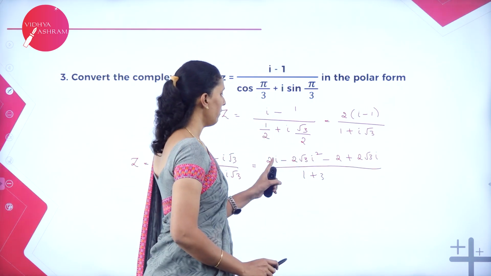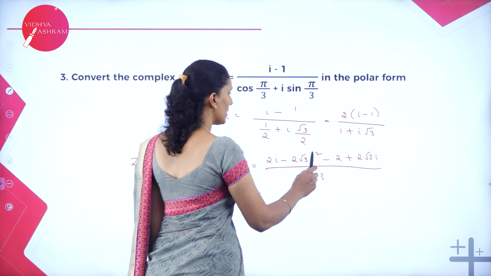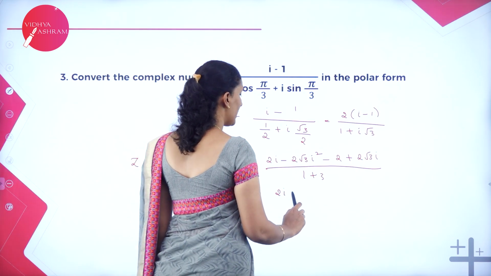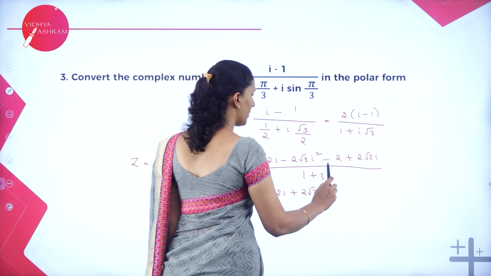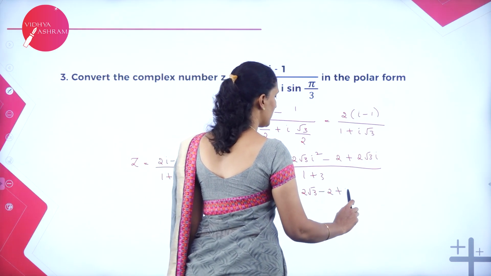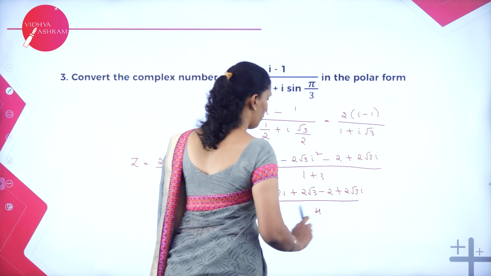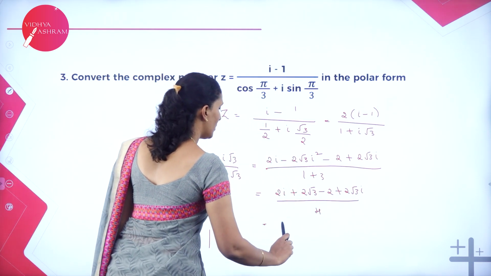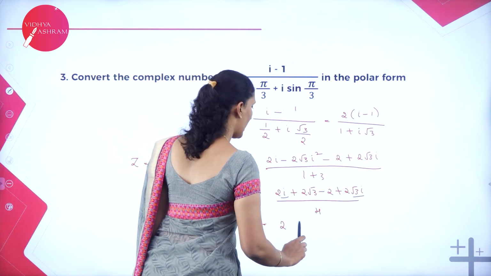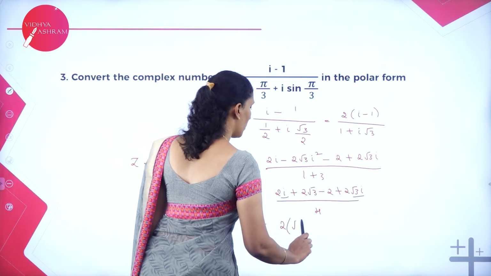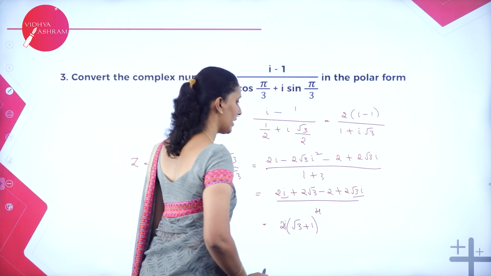So here we can take 2i as a common factor here as well as here 2i. i square is minus 1, plus 2 root 3 minus 2 plus 2 root 3 i, whole divided by 4. So by taking 2 as a common factor in these 2 terms, I can take it as root 3 plus 1, as well as i also we can take as a common factor.